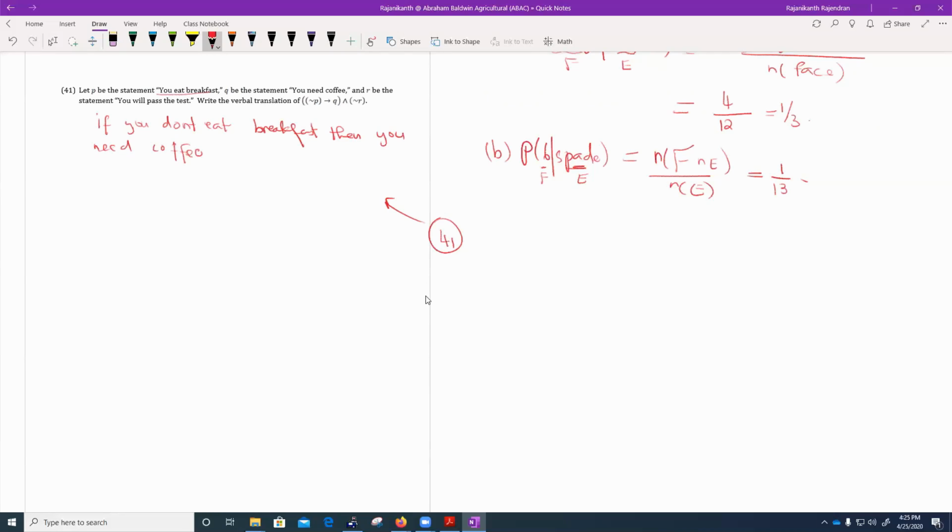And the negation of R, that means you will not pass the test, right? Okay, that's it.